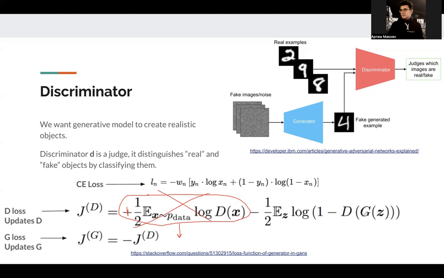We optimize only the generator weights, and this is a constant with respect to these weights, only for the generator loss. So for the generator loss, we should optimize only this part. That's why we don't need X, a true object.